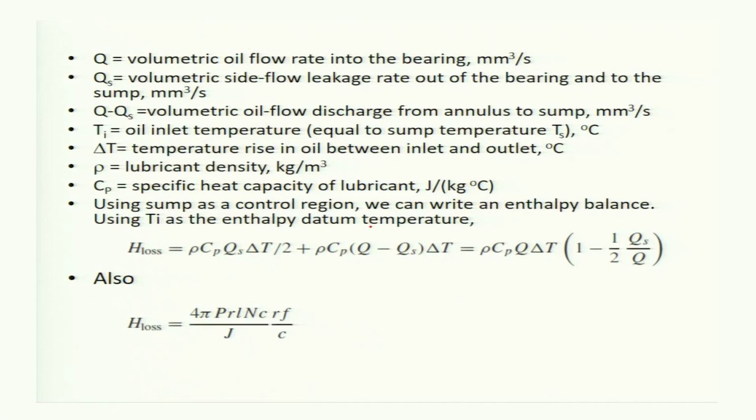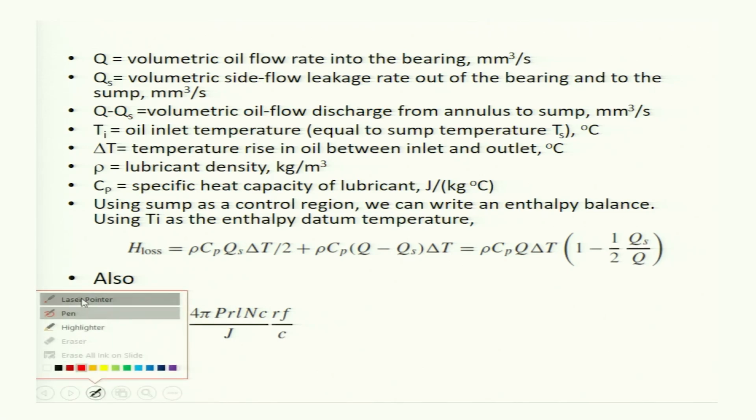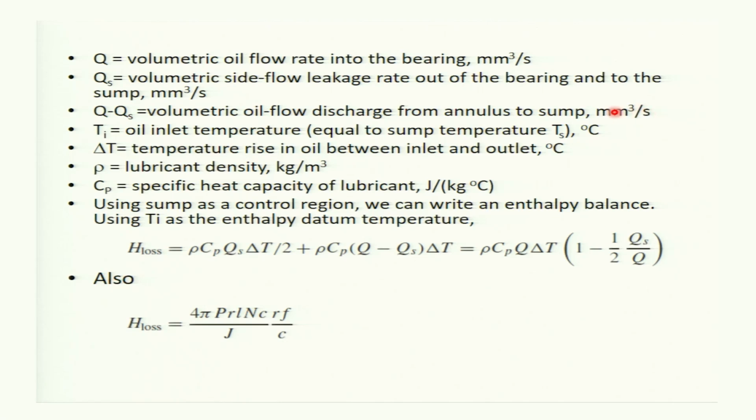And in this, capital Q is the volumetric oil flow rate into the bearing, which will be mm cube divided by second, and Qs is the volumetric side flow leakage rate out of the bearing and to the sump. It is also in mm cube per second, and Q minus Qs is the volumetric oil flow discharge from annulus to sump, and it is also given in mm cube per second.